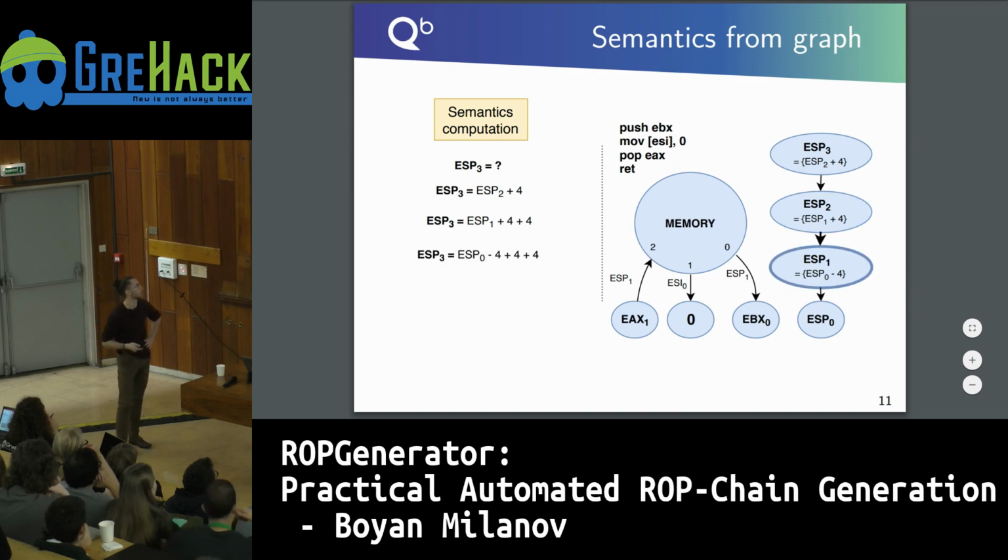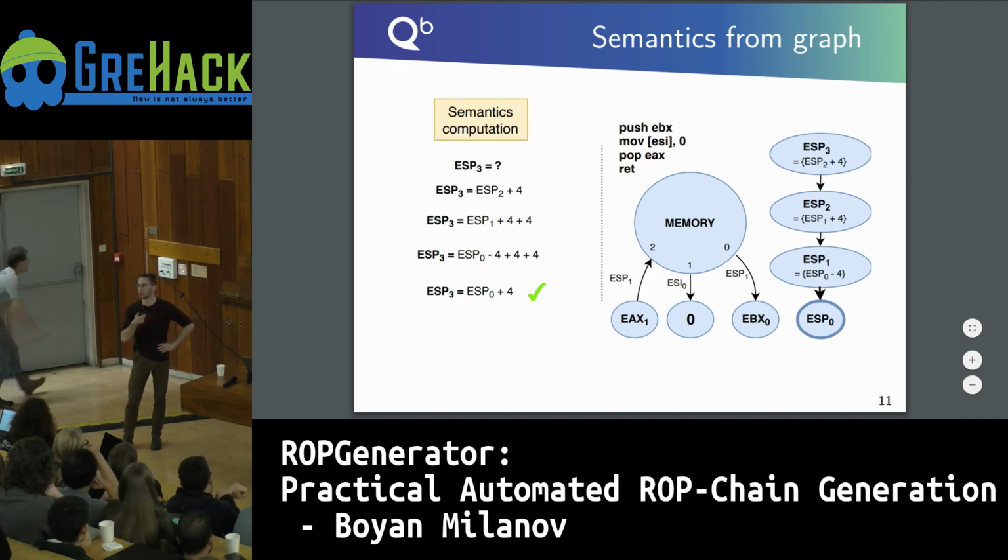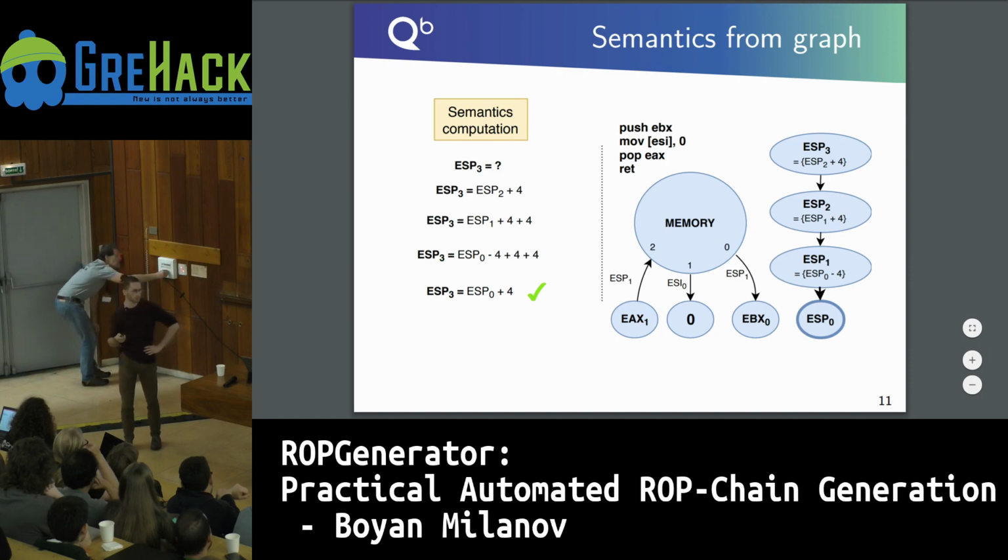You do the same for ESP1, and so on until you reach ESP0. So now you have ESP3 equals ESP0 plus 4, which means that you expressed the final value of ESP depending on its initial value. So here you can see that this gadget is incrementing ESP by 4.